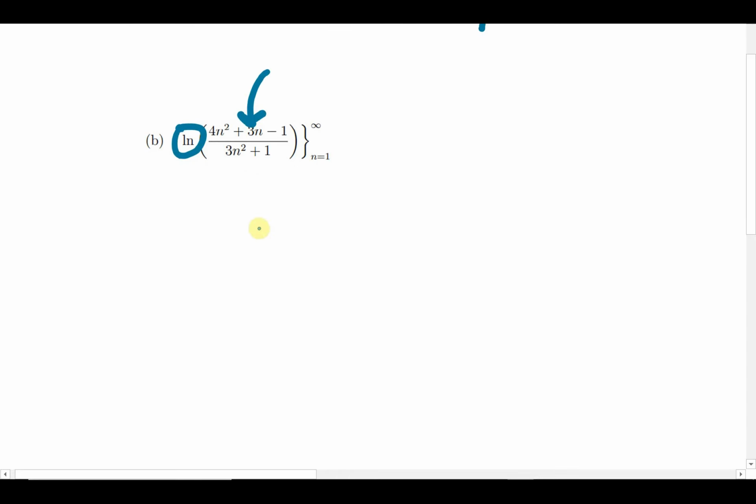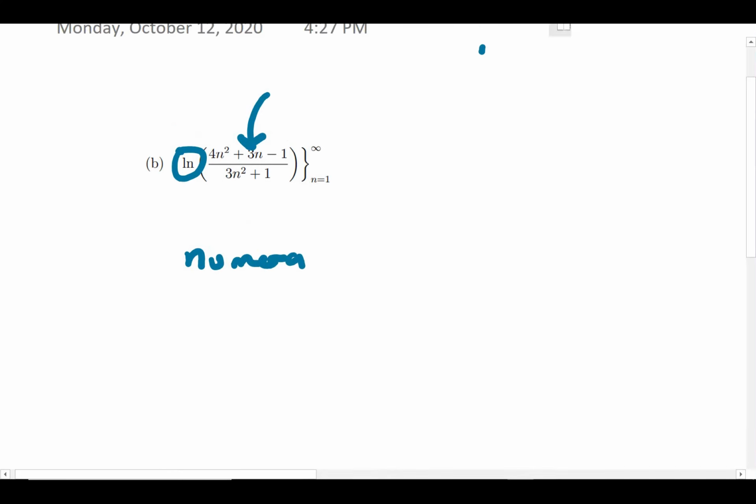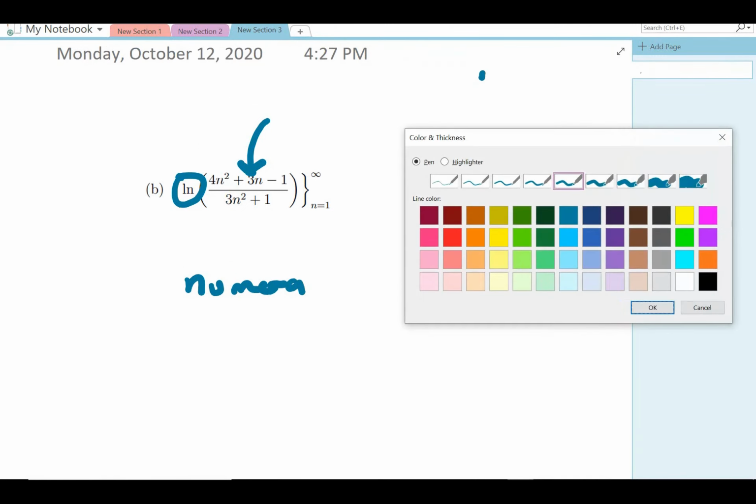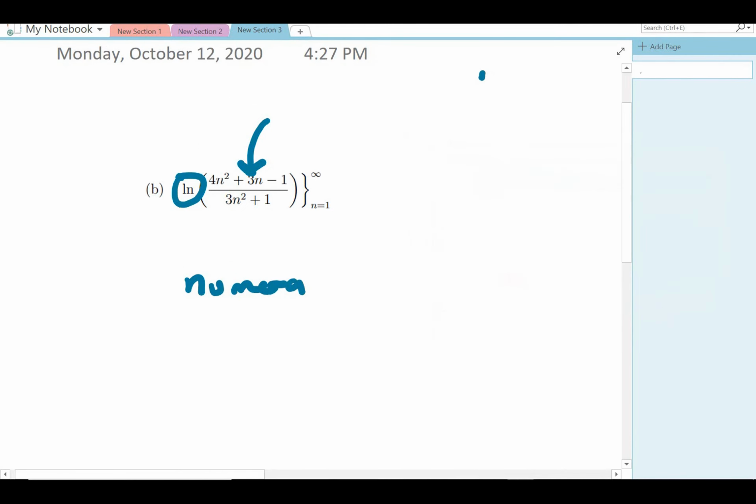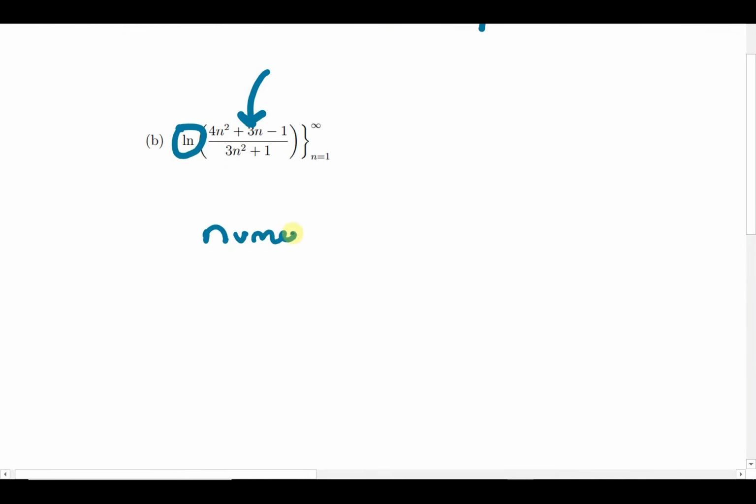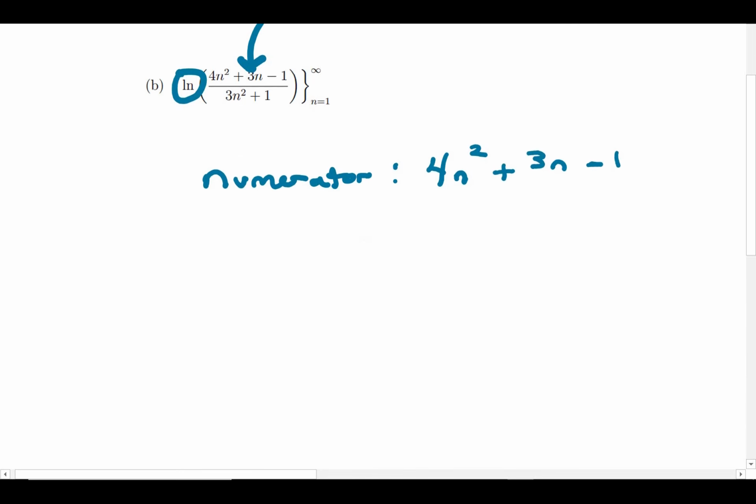So we have the numerator, 4n squared plus 3n minus 1, and then we have the denominator, 3n squared plus 1.